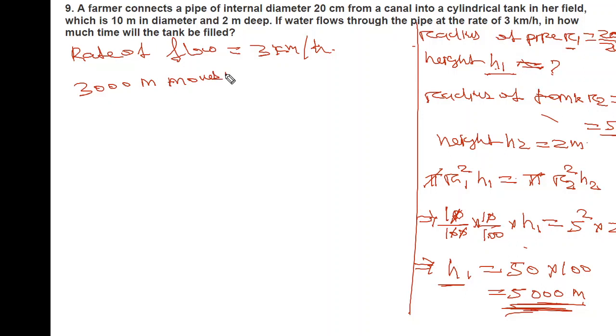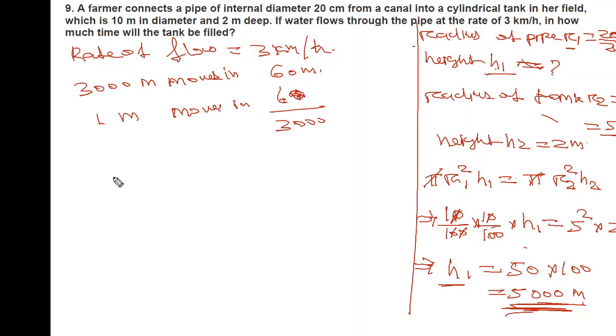Now move to the next part. Here the water is flowing at a rate of 3 km per hour. So the rate of flow is equal to 3 km per hour. That means 3000 meter moves in 60 minutes. Okay, 1 meter moves in 60 by 3000.